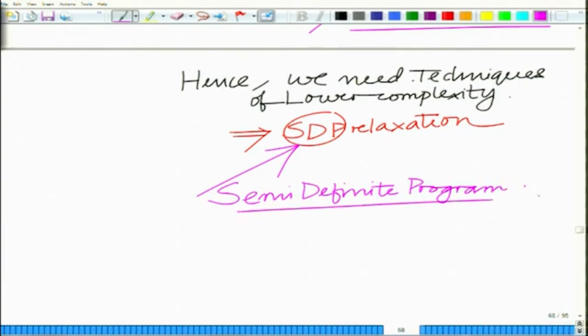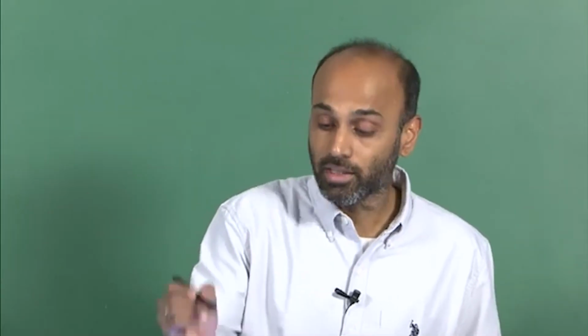We are going to formulate this ML decoder as a semi definite program, which we will see shortly, and which has a significantly lower complexity. That is the important thing.